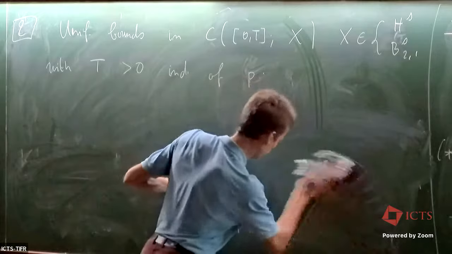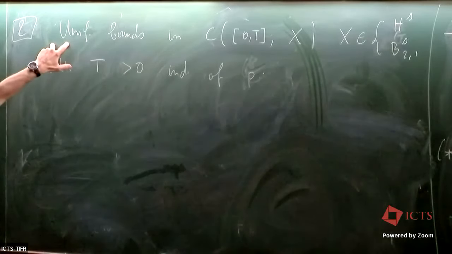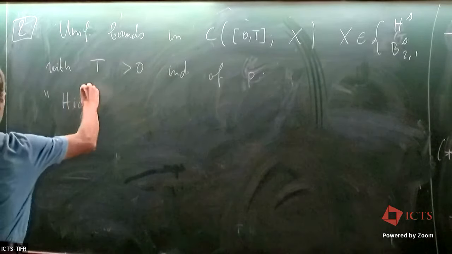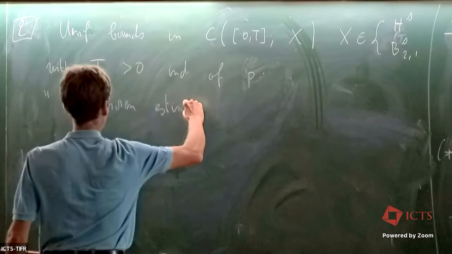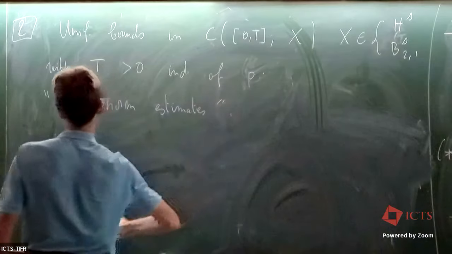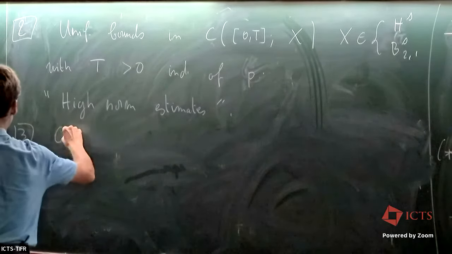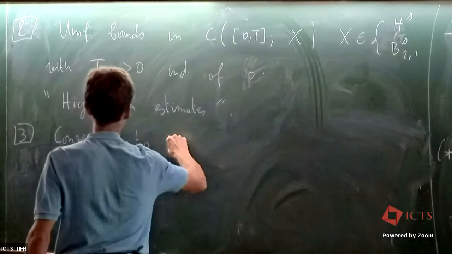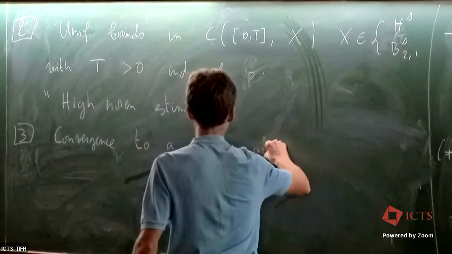So this step 2 is called a high norm estimate. The next step now is to prove convergence. So now we need to prove convergence to a solution of the hyperbolic system.